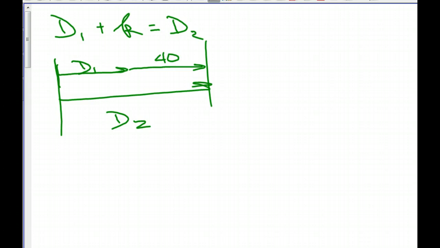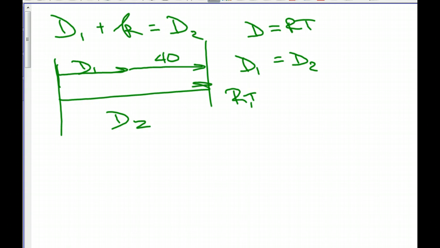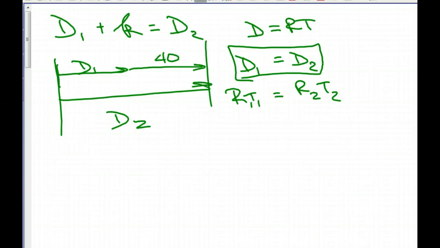So again, we're going to use the distance equals rate times time equation. So if we have the distance of 1 equals the distance of 2, we have RT equals RT. I'm going kind of quick because you guys already know all this stuff. But the difference is we don't have D1 equals D2 in this lesson.